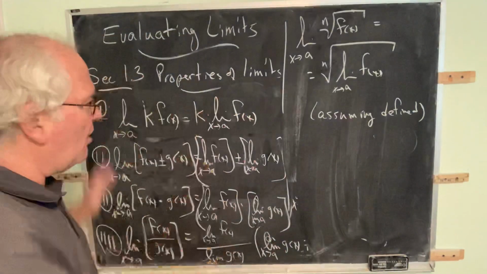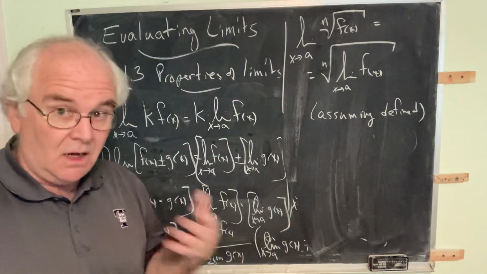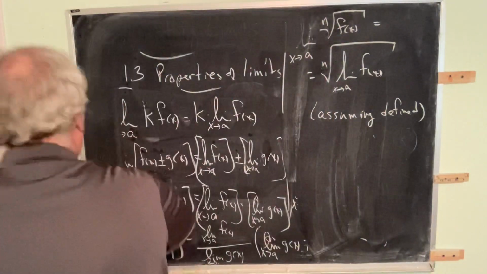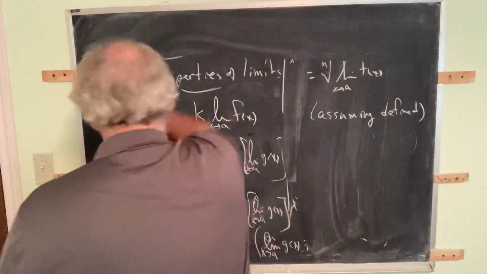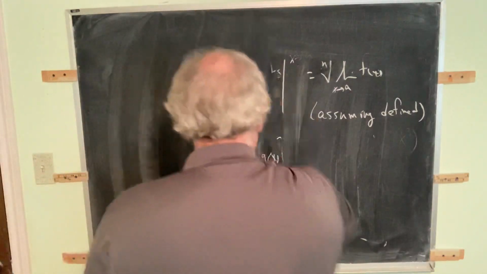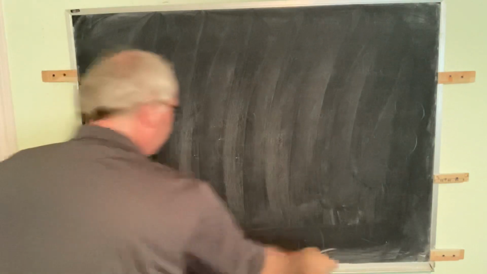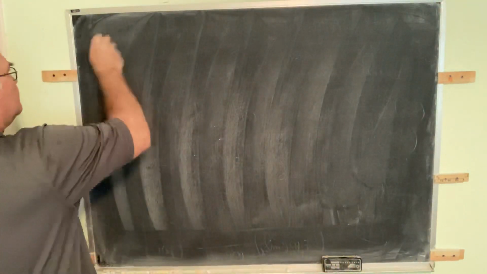Now, that's a lot of properties, and that's a lot of time, and that's a long video. But this is really the takeaway. From your side of the camera, here's the takeaway.